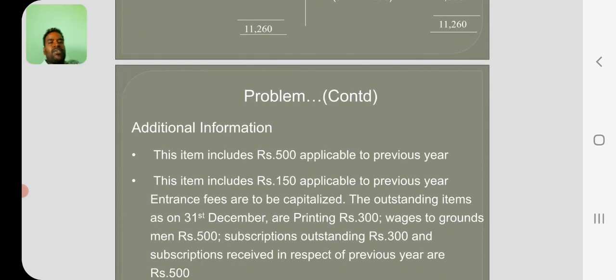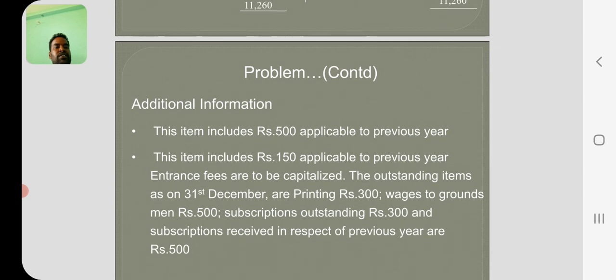So additional information is also there. Now see here, this item includes 500 applicable to previous year. This item includes rupees 150 applicable to previous year. Entrance fees are to be capitalized.